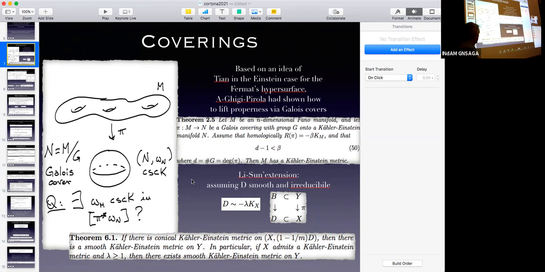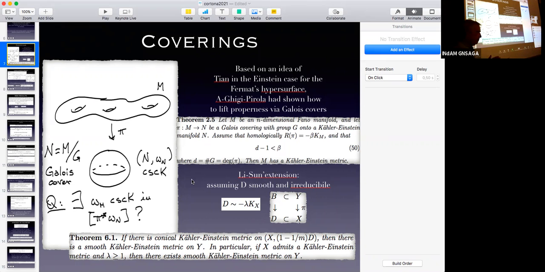The difficulty there is that, of course, prescribing the angle, I don't know how popular this has become, in the attempt of solving the Tian-Donaldson conjecture about the famous equivalence of stability to Kähler-Einstein metrics, conical metrics play a critical role.